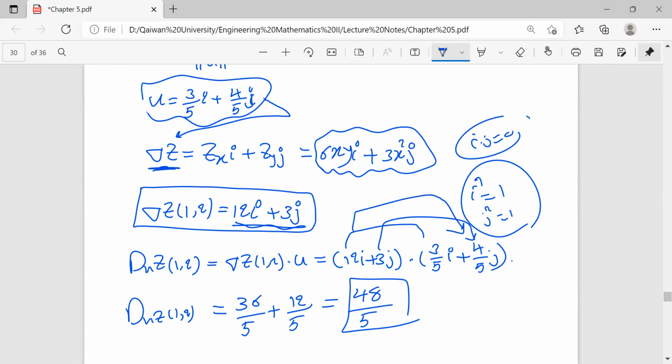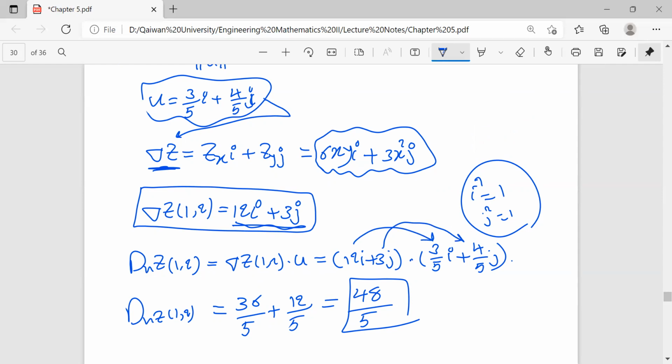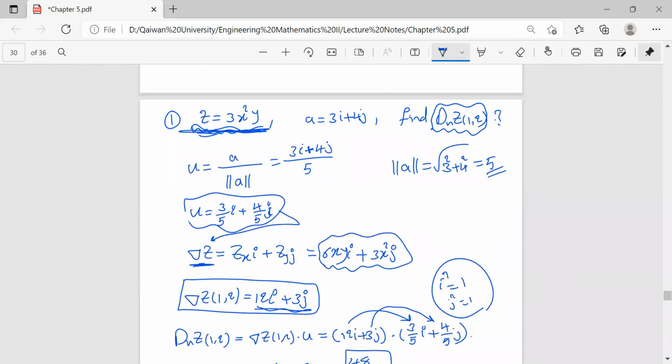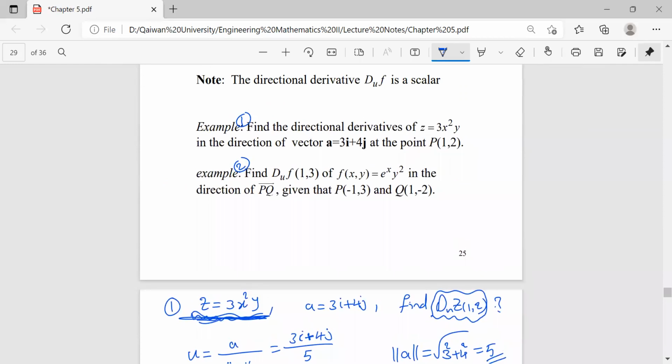And J times I is also 0, even for K. So this is the directional derivative for the given function at that point in the direction of this vector.